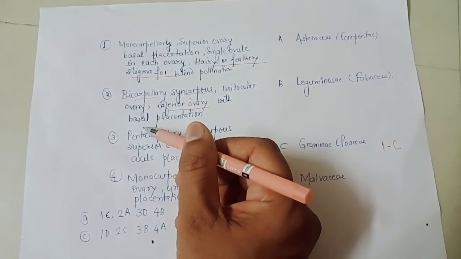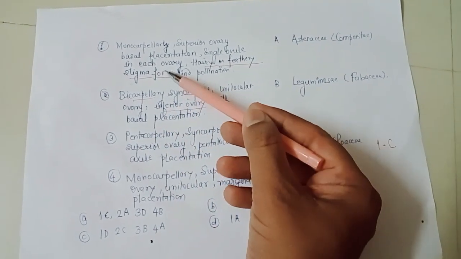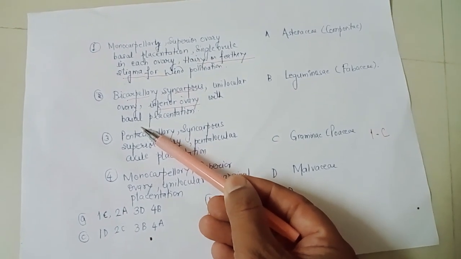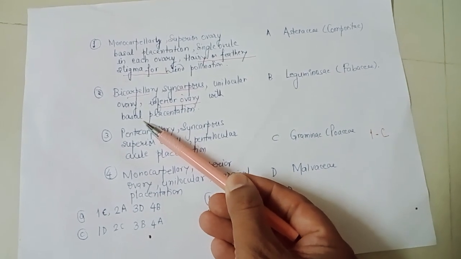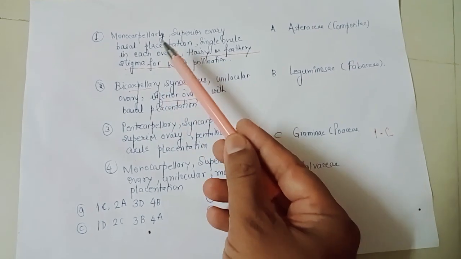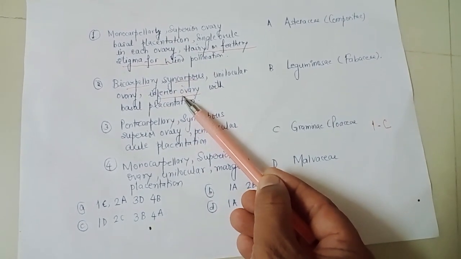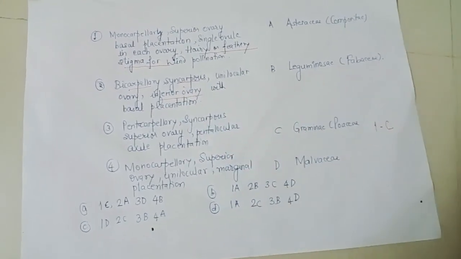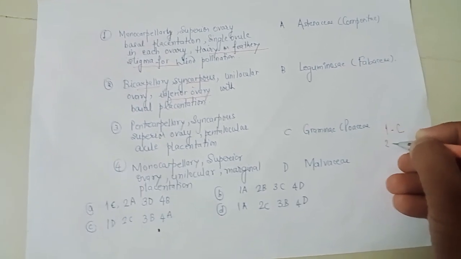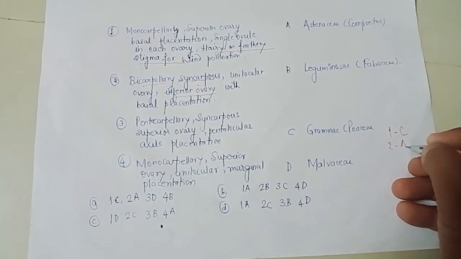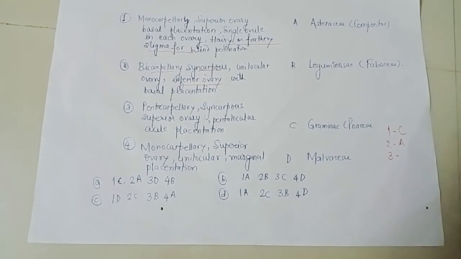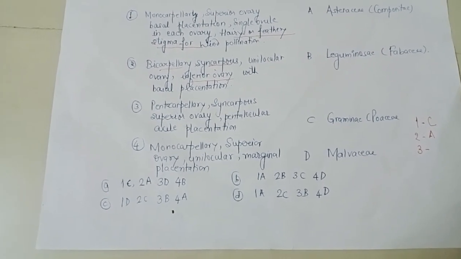Now a student may be confused, because even in the previous case they have mentioned basal placentation. But the difference you have to notice is, it is bicarpillary, whereas there it is monocarpillary, and it is an inferior ovary with basal placentation. The option which matches this is Compositae or Asteraceae. So for 2, it matches with Asteraceae or Compositae.